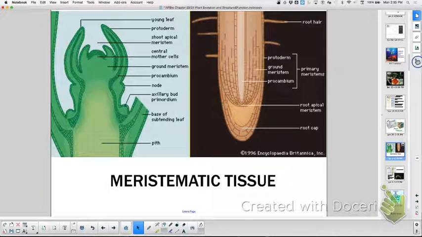Whereas eudicots have what's called a vascular cambium, and they can continually put more xylem to the inside and more phloem to the outside, so they can branch and spread out and usually live for multiple years. Whereas most monocots are just annuals. They live 1 year. Exception, palm trees. Okay? All right, so that's meristematic tissue.